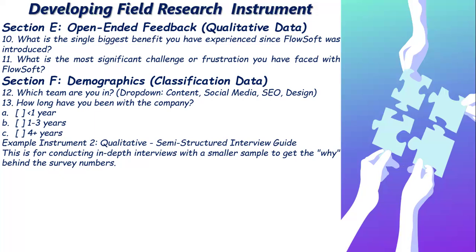Example, instrument 2, qualitative semi-structured interview guide. This is for conducting in-depth interviews with a similar sample to get the why behind the survey numbers. So it is the other instrument that you can use.